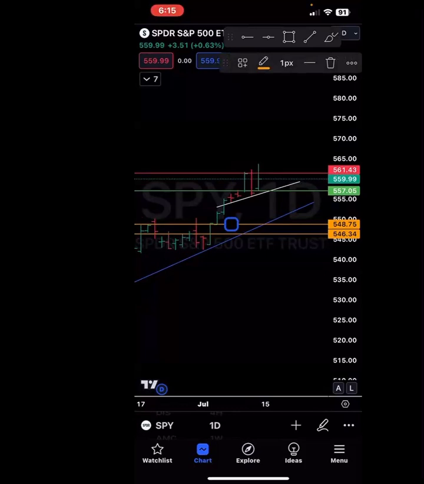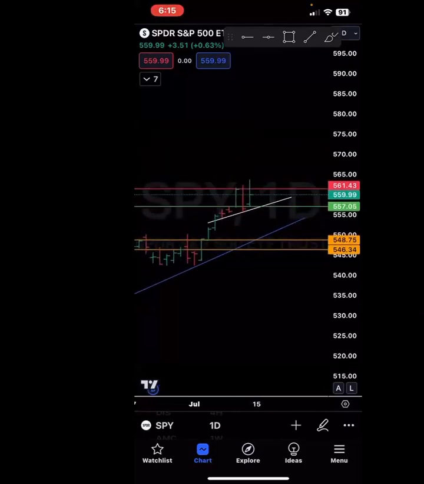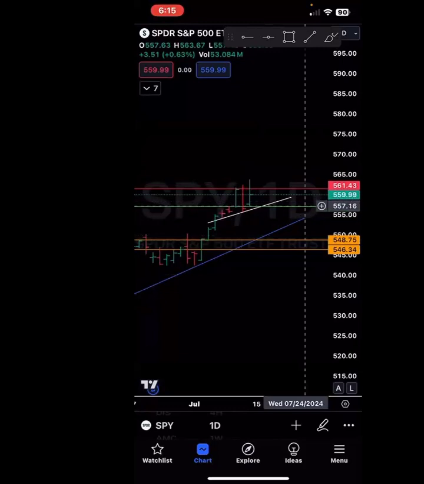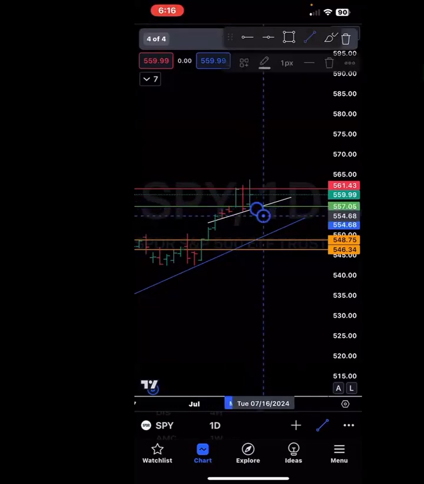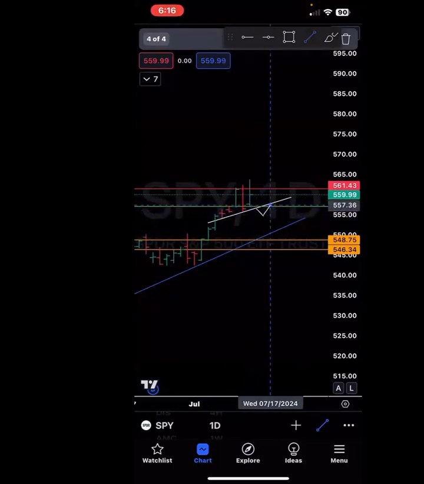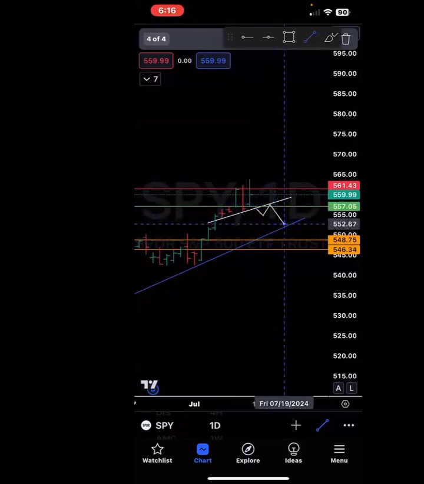So like right now, I got 548, which lets me know if we break below this 557 level, I'll start looking for a downtrend. Once it breaks here, we may see a little drop. We may get a retest, but eventually I'll be looking for that move down here somewhere.